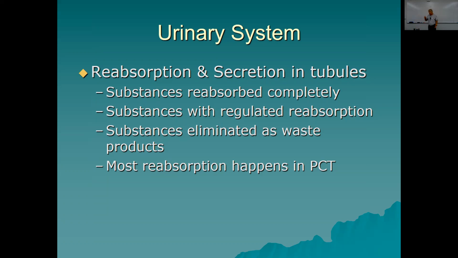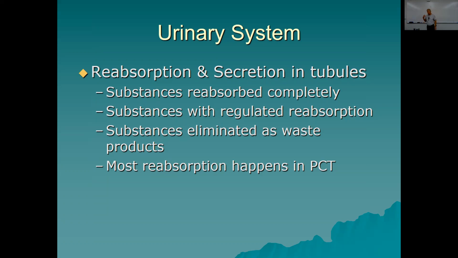Regulated reabsorption will be things like ions: calcium ions, potassium ions, sodium ions, bicarbonate ions, hydrogen ions, all regulated, right? And they're all found normally in urine, either in a large amount or a small amount, depending upon whether you have too much or too little of them in your body. Right?